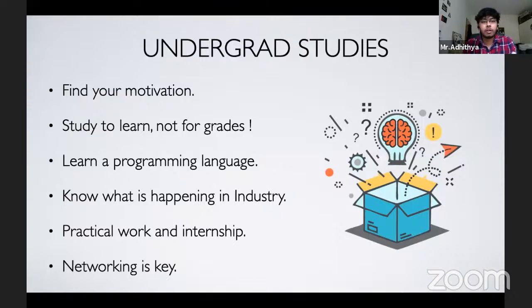And finally, the most important thing, or equally important thing, is to have a huge network of people from that particular area or from a multidisciplinary area.